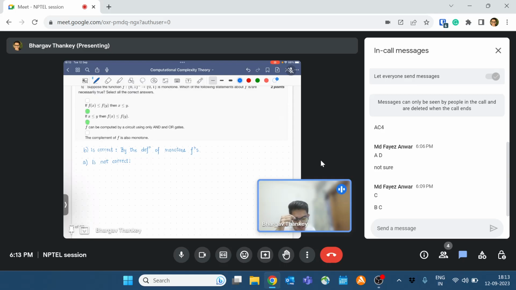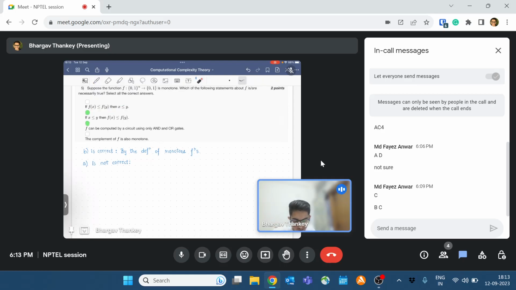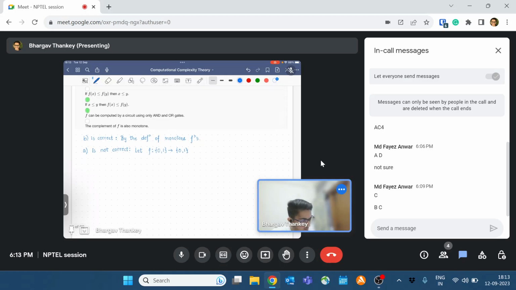To prove that A is not correct, all I need to do is come up with an f which satisfies this but is not monotone, right? So let f be a function from {0,1} to {0,1}, and f of x is equal to 0 for all x.